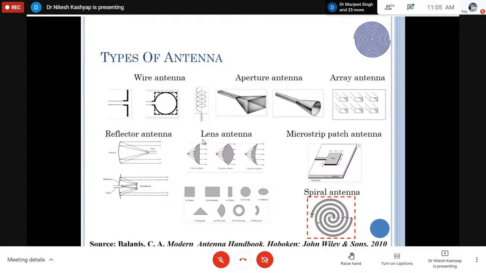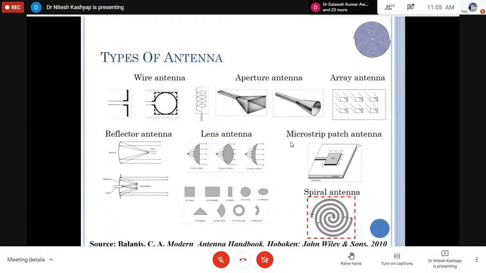Then a lens antenna, where we place a lens in front of the main antenna so that the wave propagates in a single direction.